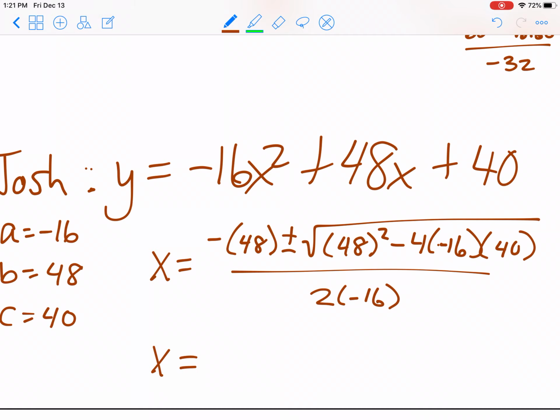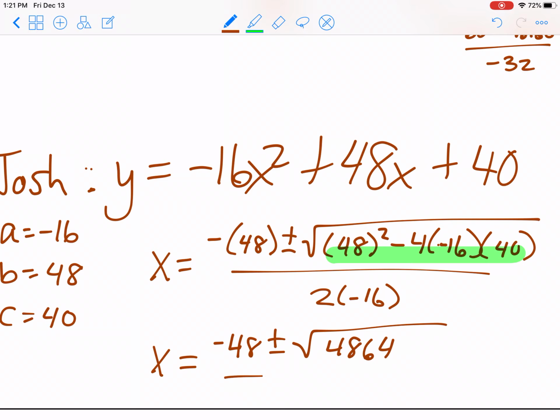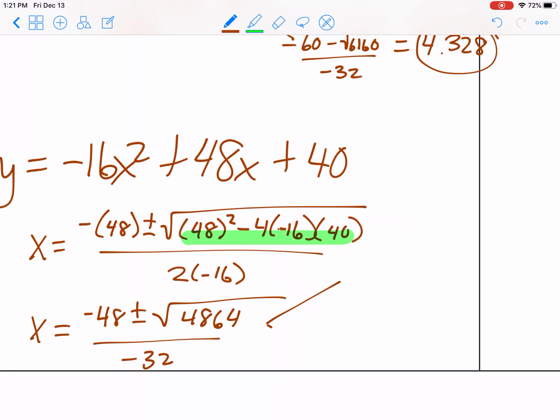When I simplified the discriminant, just the stuff inside, not even the radical, I got the square root of 4,864 all over negative 32. Again, I would do the two ways, so negative 48 plus root 4864 all over negative 32, and in that case I got negative 0.679.